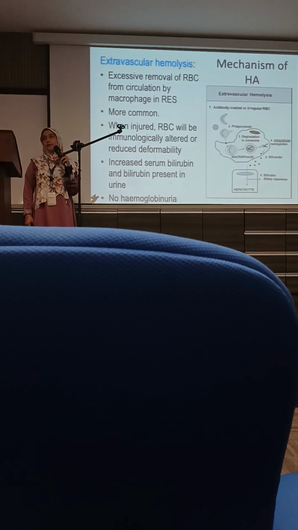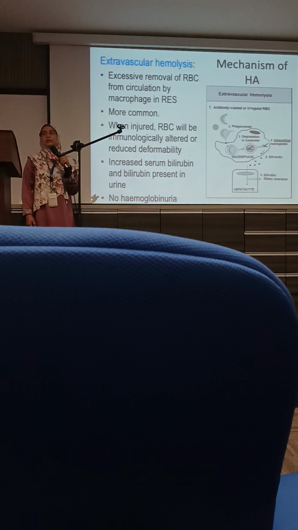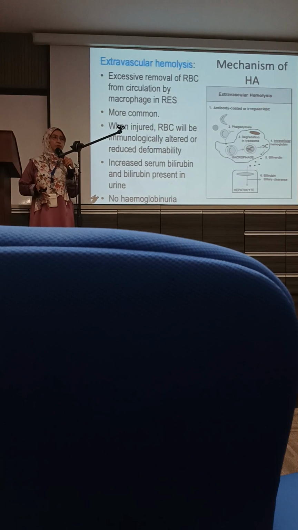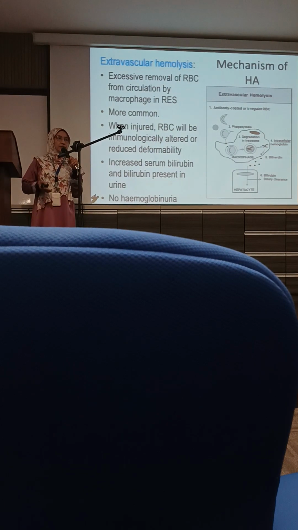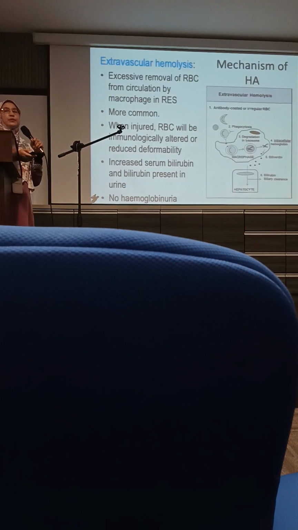And it will be destroyed in the spleen, the reticuloendothelial system. And there will be increase in serum bilirubin, and you will see the bilirubin in the urine. Bilirubin, not hemoglobin. Okay, so there is no hemoglobinuria in the extravascular hemolysis. Okay, so you boleh bezakan lah from the clinical features whether it is intra or extravascular hemolysis.